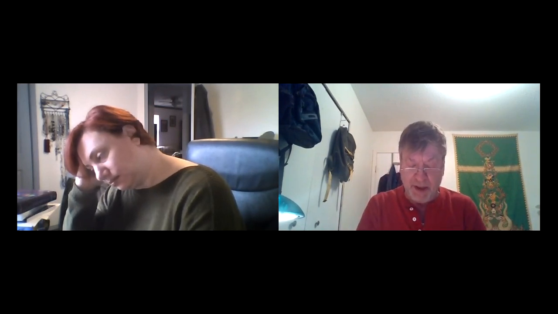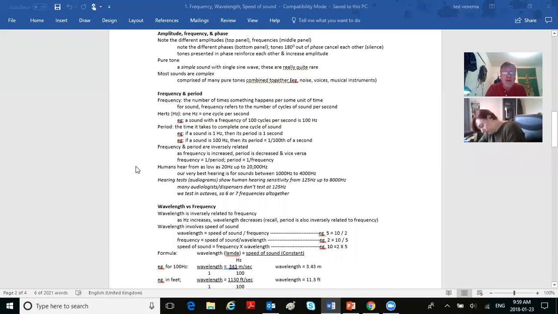When you read at the bottom, in the very middle of page 1, humans hear from as low as 20 hertz to as high as 20,000 hertz. Our very best hearing, look what it says here where I'm highlighting, is right between 1,000 hertz and 4,000 hertz. That's the sweet spot.